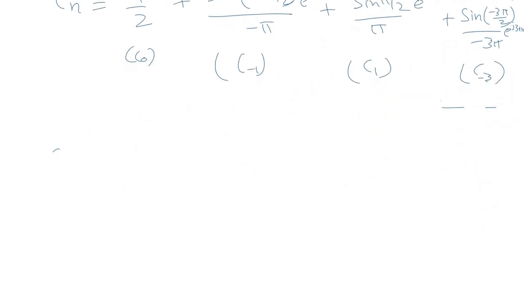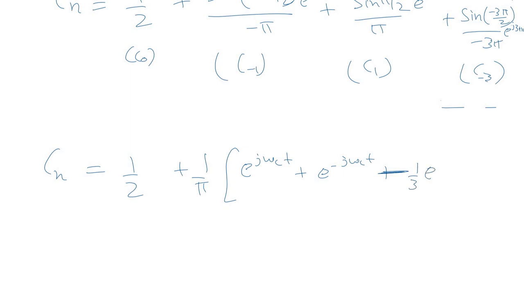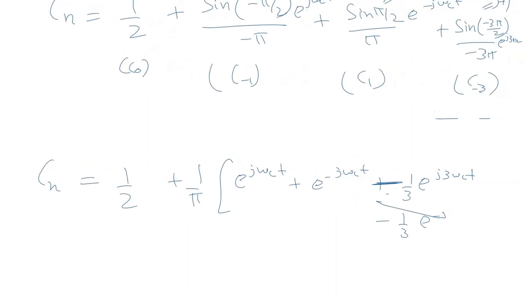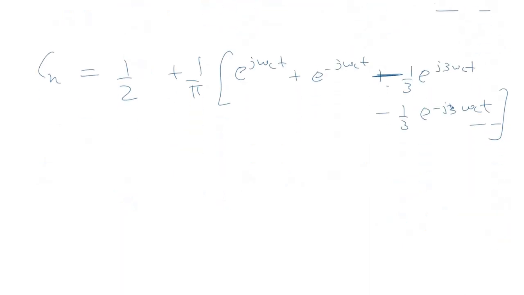So this Fourier series expression comes out to be 1 by 2 plus 1 upon pi, let's take this as common, e raised to power j omega ct plus e raised to power minus j omega ct, minus 1 by 3 into e raised to power j3 omega ct, minus 1 by 3 e raised to power minus j3 omega ct, and so on, right?